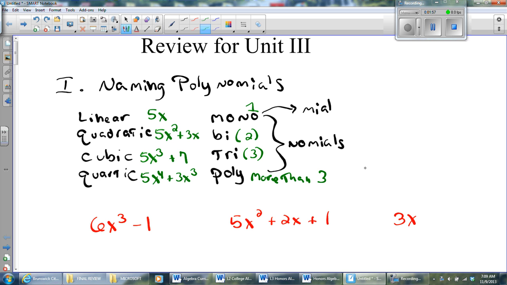So, for example, if I had 3x cubed minus 2x plus 7, well, highest power of 3, so this is cubic, and there's 1, 2, 3 terms, so it's a trinomial. So therefore, this is a cubic trinomial.